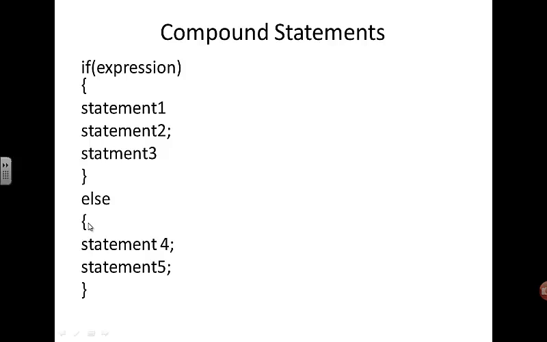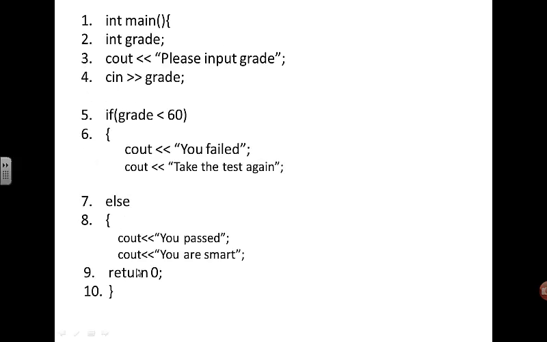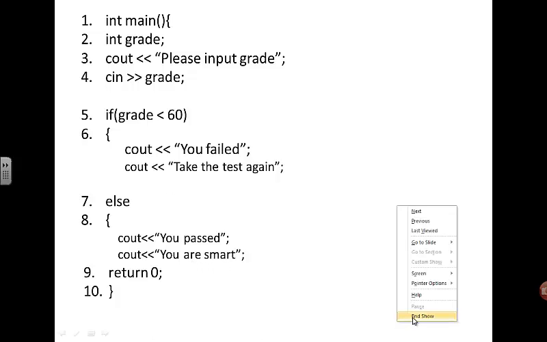And then you have your else, and again you include your braces there, and you include all your statements in between. So here is a program that we're going to work on quickly. The only adjustments I've made, I've added another statement: take the test again if you failed, and then if you pass, you are smart. So we're going to go ahead and adjust that.